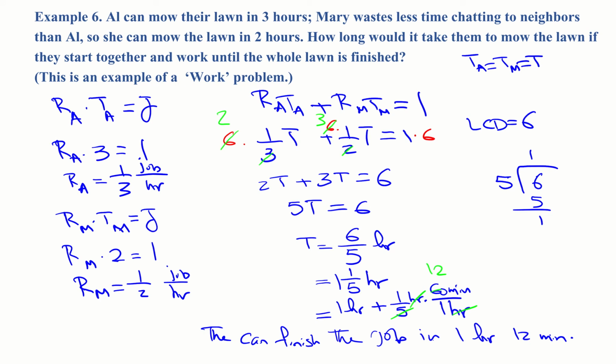Now, there are different scenarios that they may throw at you. Like, for example, they may say, what if one of them starts an hour earlier, right? So you're still going to be able to use t here, but then maybe the other one will be working for an hour less, right? So you'd have t minus 1 there. Or, depending on how you set it up, maybe you call one of them t and the other one t plus 1.